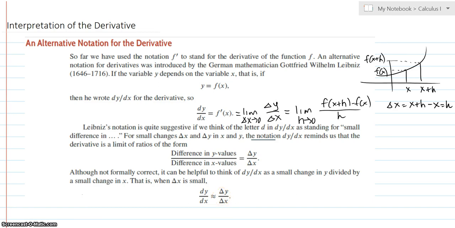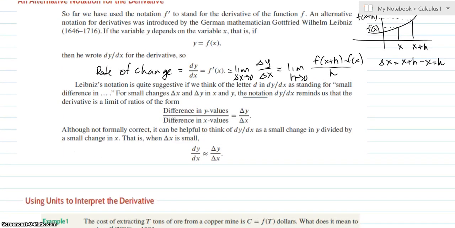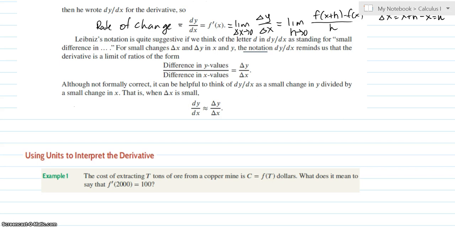And if you remember, this dy dx is going to be the rate of change. So it's going to help us to interpret the derivative because we know it's a rate of change, and now we know the units are going to be the change of y over the change of x. So let's use these units to help us interpret the derivative.